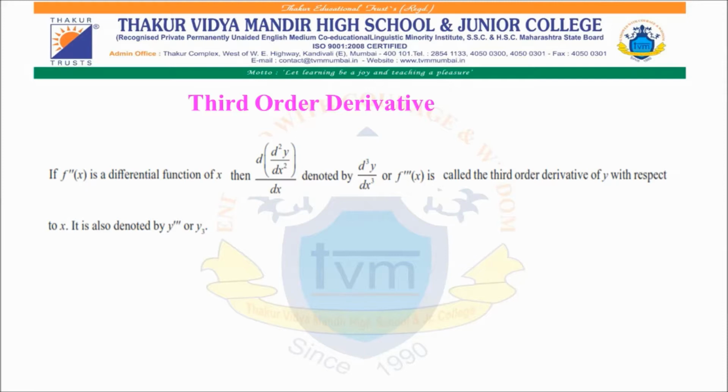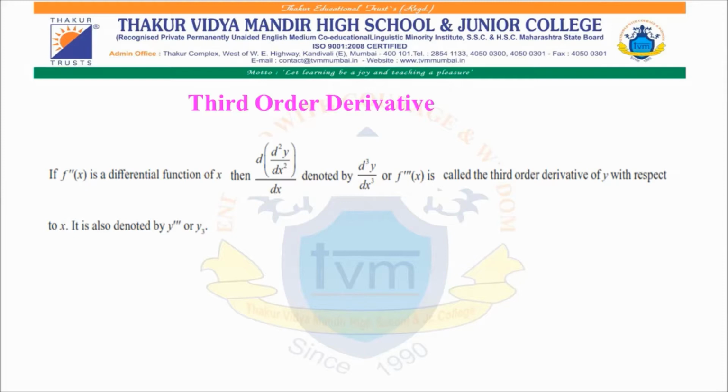Differentiating it again, second time, you get f double dash x or d2y by dx2. Clear? Then if you differentiate it third time, you get d3y by dx3 or f triple dash x. This is called third order derivative. You can also denote it as y triple dash or y3.